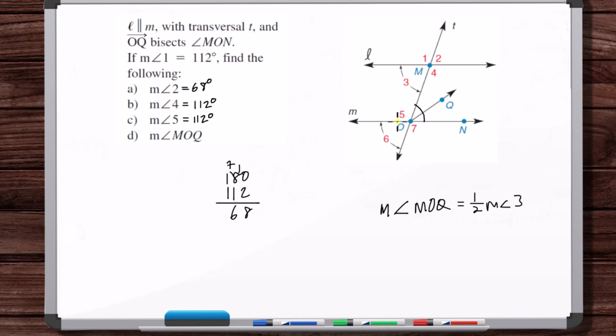But we also know that OQ bisects this entire angle, so angle MOQ is half the measure of angle 3. Do we have angle 3? No, but we should be able to get it. It's vertical to 2, 68 degrees. So what is 68 divided by 2? 34 degrees.